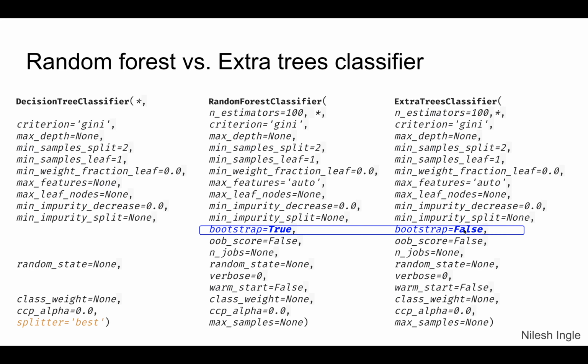So if you need to use bootstrapping, then you want to set that to true. And bootstrapping is the same as what we have seen earlier in bagging, where we are repeatedly drawing samples from the main set of data and building a model, running predictions, and that process is the bootstrapping.